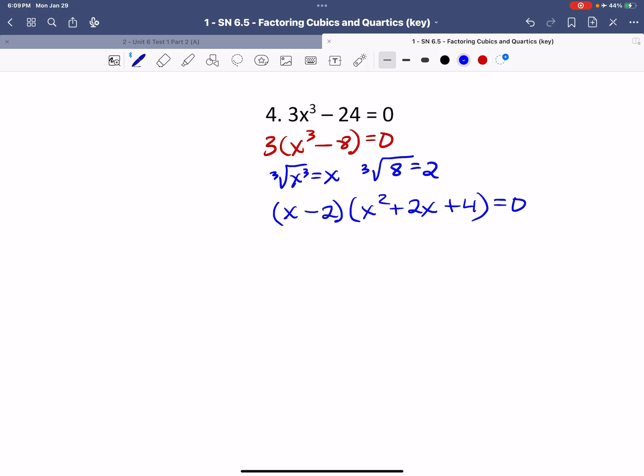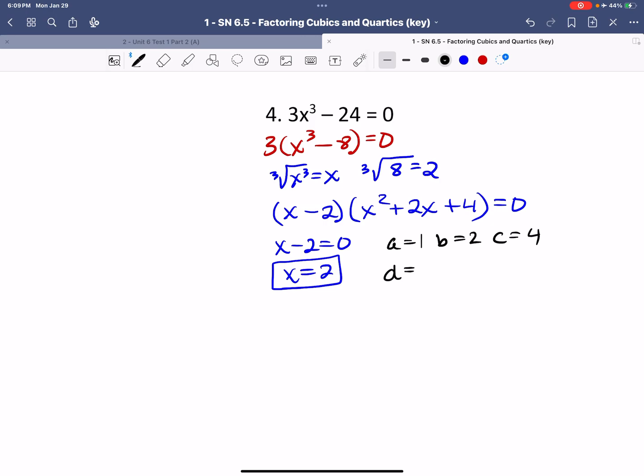Now let's solve. Okay, so we've got x minus 2 equals 0, so x equals 2. There's one solution. Okay, over here, a is 1, b is 2, c is 4. So I'm now going to use the quadratic formula.